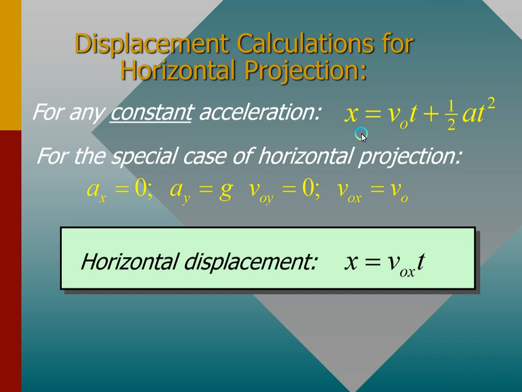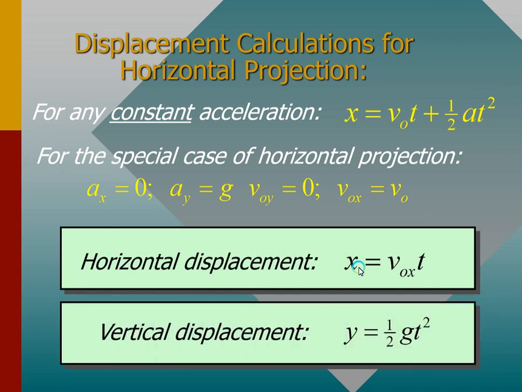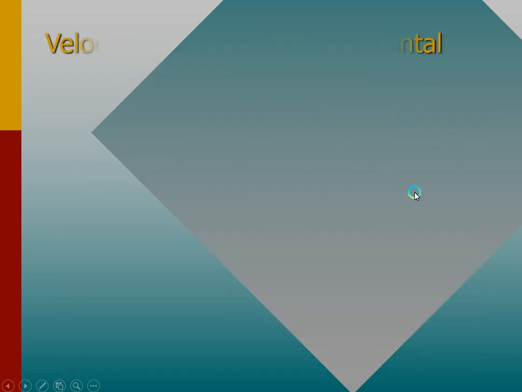In the horizontal displacement, there is no acceleration acting, so it doesn't change, since there is no gravity. So we will have just Vit, or V0x t. For the vertical displacement, the height traveled will be just 1/2 g t squared. We will now discuss how our formulas come about.